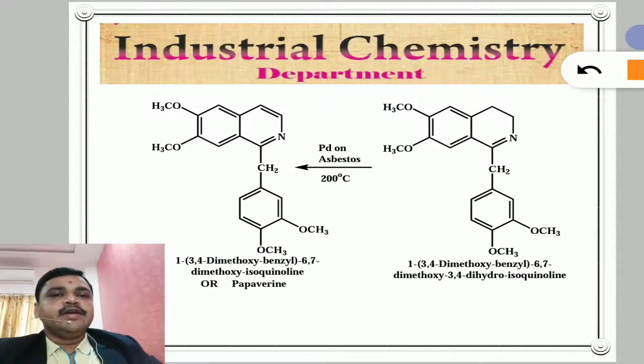We get 1-(3,4-dimethoxybenzyl)-6,7-dimethoxyisoquinoline, or papaverine. It is the synthetic compound papaverine. On this route, we get papaverine from our two compounds, homoveratrylamine and homoveratroyl chloride.